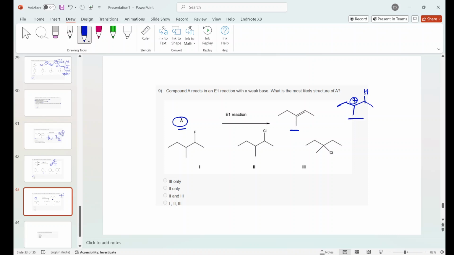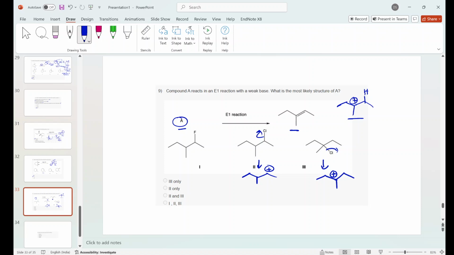So how can this carbocation be generated? If you remove this one, you will end up at this one, and if you remove this one, you will end up at this position.